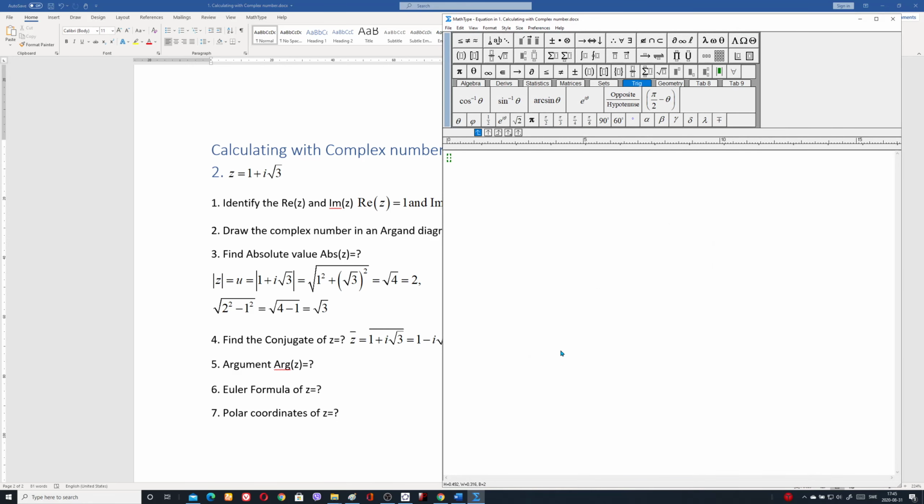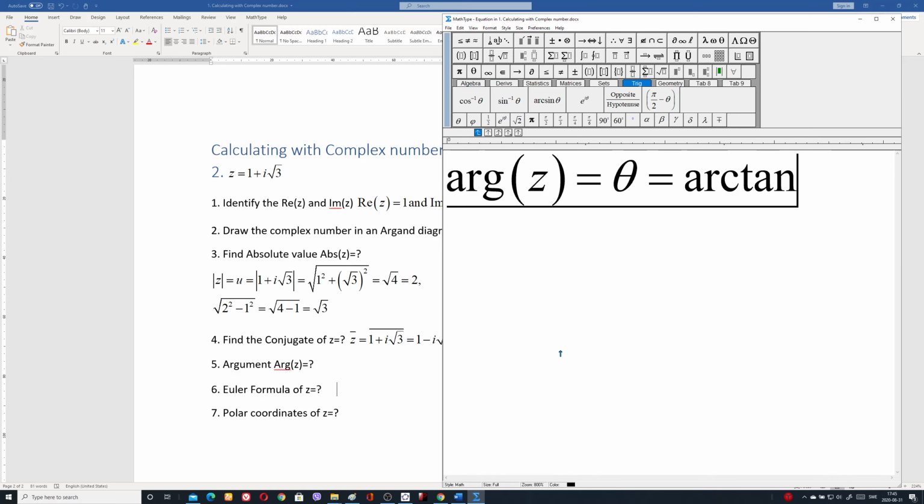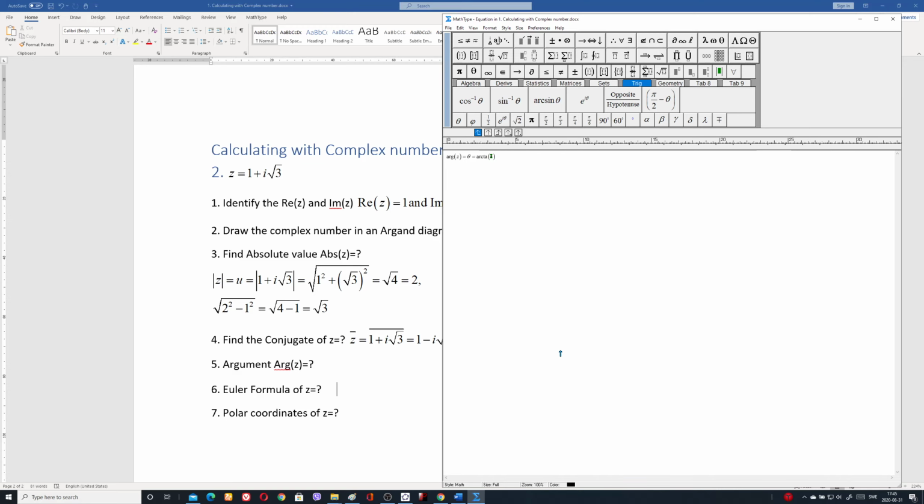So the argument of z is theta, which is equal to the arctangent of square root of 3 divided by 1.